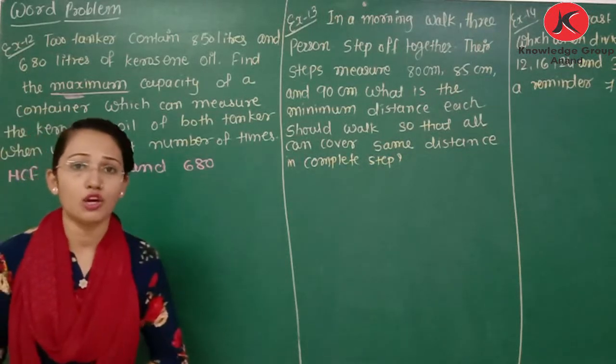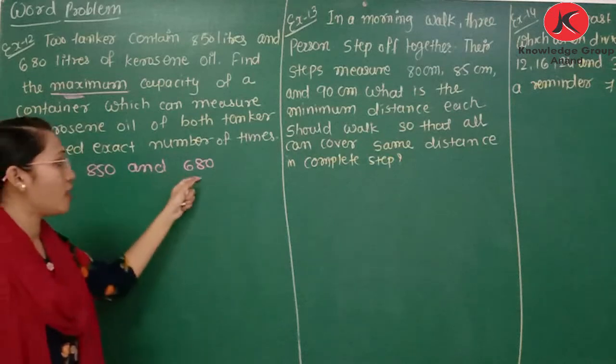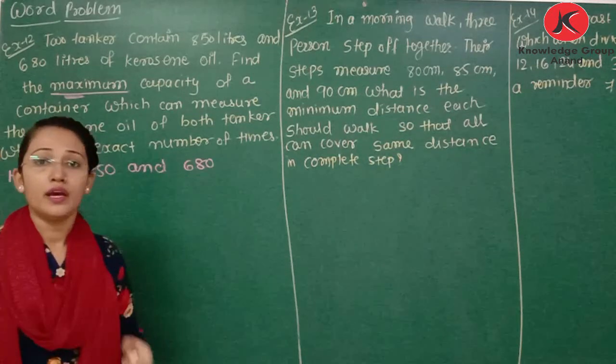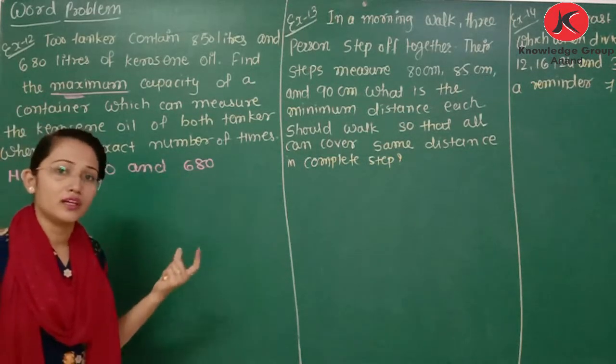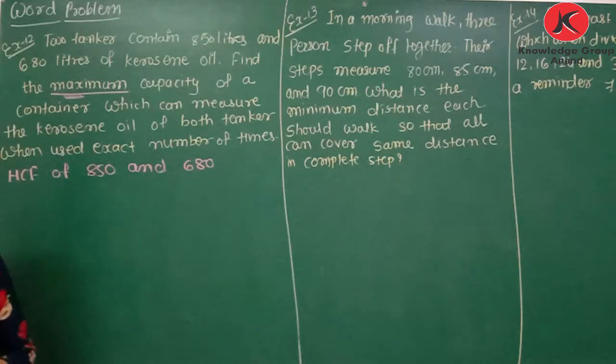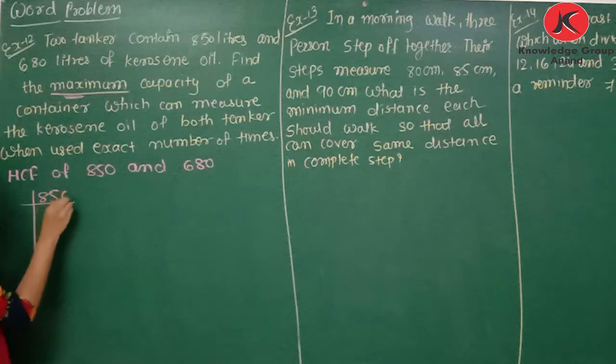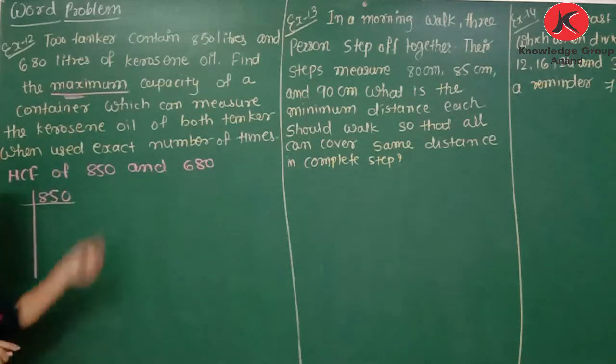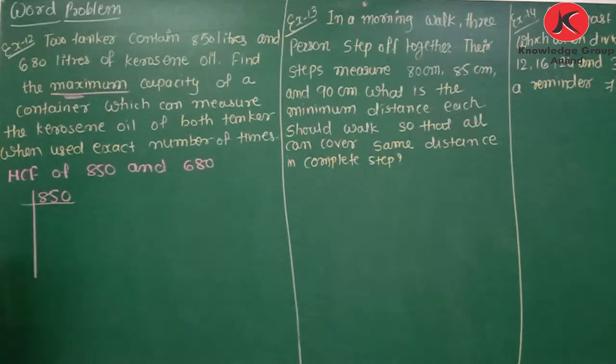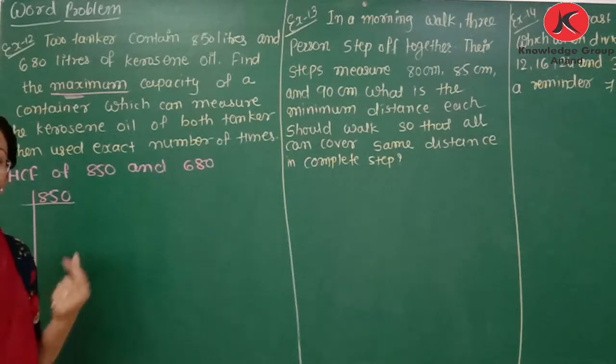Container ની capacity કેટલી હોવી જોઈએ? તો આ નંબરનો HCF ફાઇન્ડ કરીએ એટલે આપણને શું મળે? એવો નંબર કે જે બંનેને ડિવાઇડ કરે. That will be the capacity of the container. So here also you can see there is the word maximum. Maximum means it is the highest common factor.